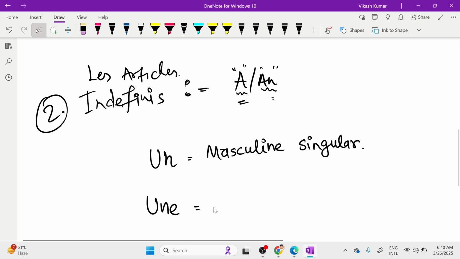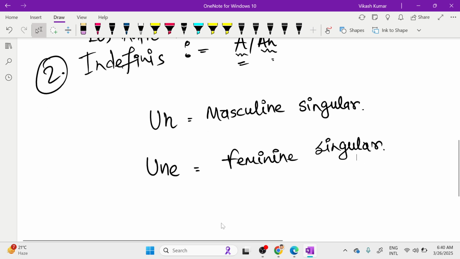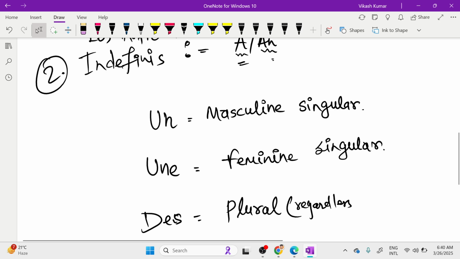Une is for feminine singular. And des is for plural ones, regardless of their gender. It might be masculine or feminine.